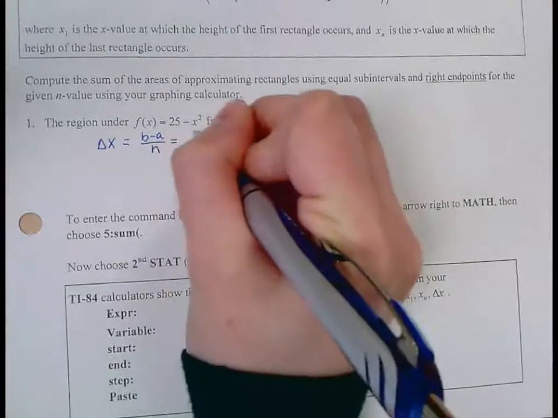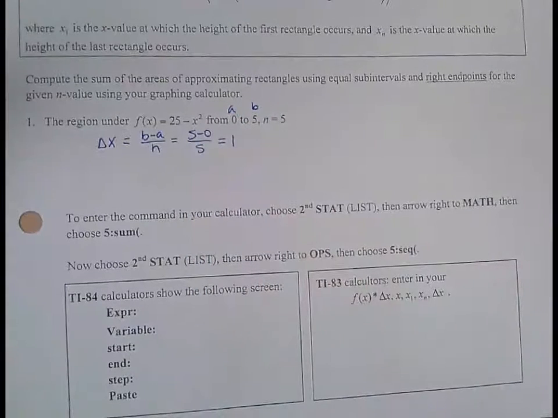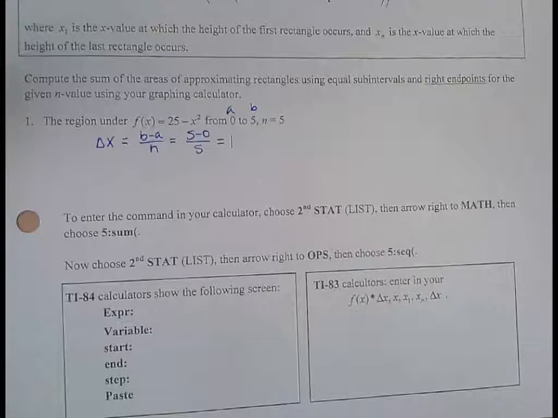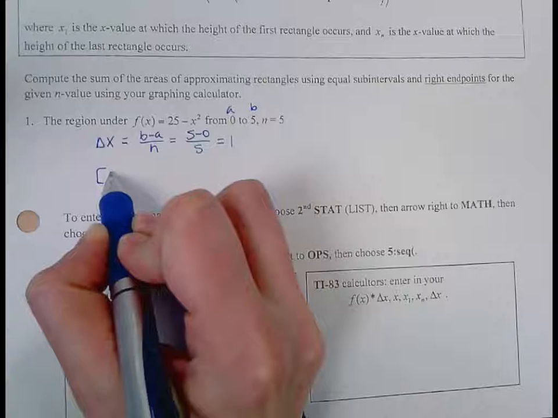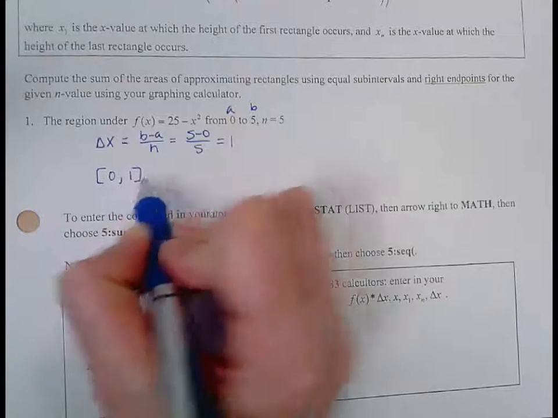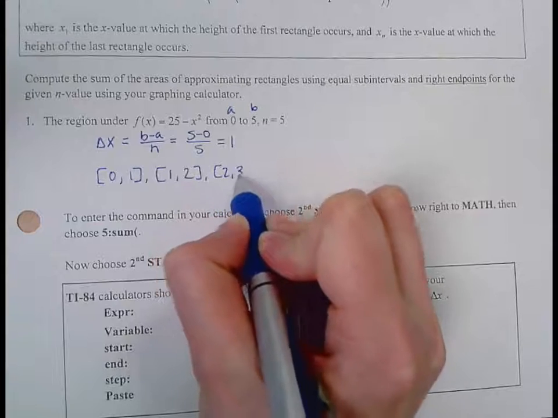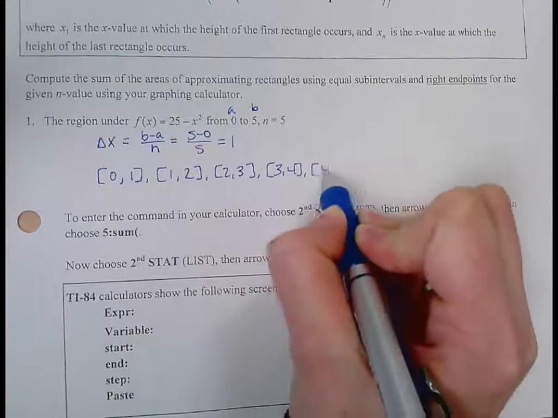So it'd be 5 minus 0 divided by 5. So your delta x is 1. And then I would write out your intervals. So first interval would be 0 to 1, then 1 to 2, 2 to 3, 3 to 4, 4 to 5.